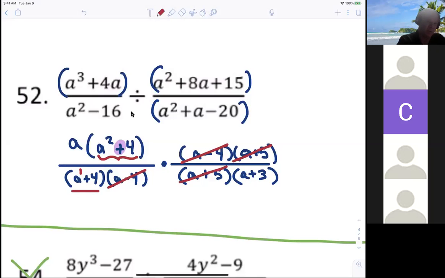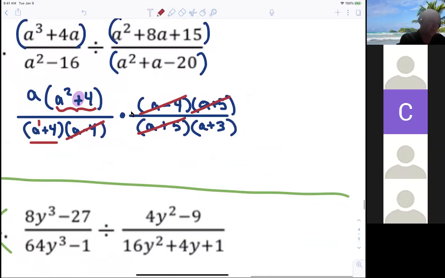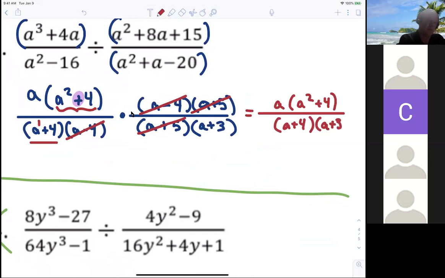So it has to be exactly the same in order to reduce. All right, so put an equal to, all right? What was left on top was a parentheses, a squared plus 4. What was left on the bottom was a plus 4 and a plus 3.